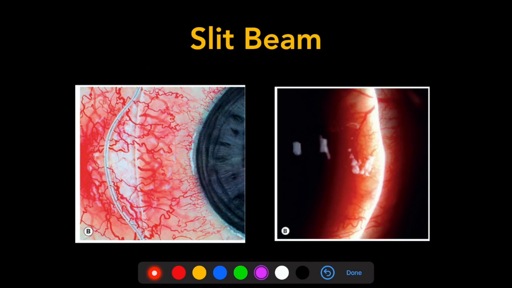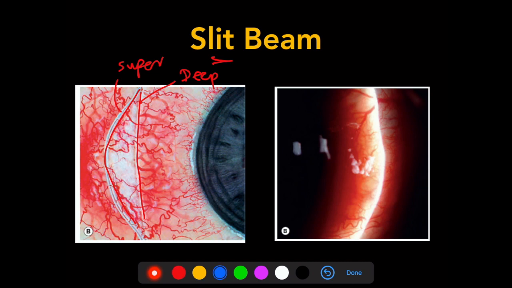And a very important tip is on slit beam, especially when it comes to nodular episcleritis versus nodular scleritis. There are two beams in a slit lamp. One is a superficial beam, the other is a deep beam. The superficial beam will be raised, but the deep beam will stay low, or it will stay on sclera in case of a nodular episcleritis.